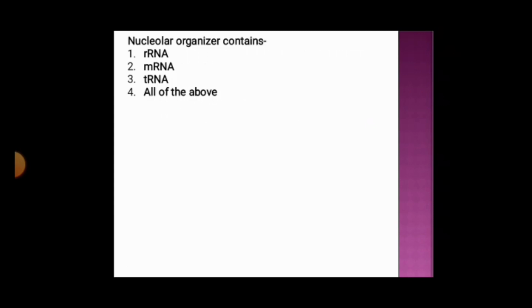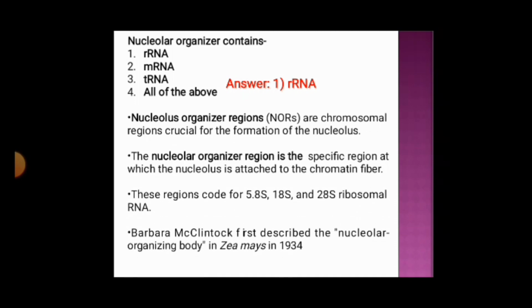Next one. The nuclear organizer region contains: option 1 rRNA, that is ribosomal RNA, option 2 mRNA, that is messenger RNA, option 3 tRNA, that is transfer RNA, option 4 all of the above. And the correct answer is option 1, rRNA, ribosomal RNA.